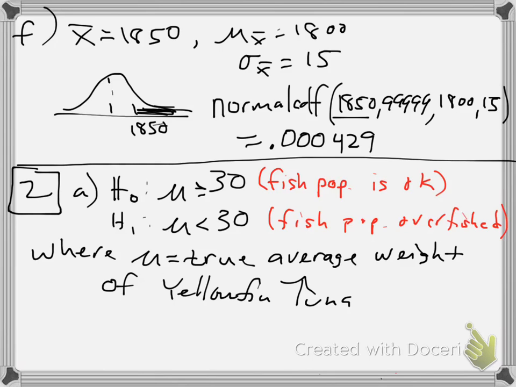So what would that mean in this case? So we reject the null hypothesis. That actually means we're going to come to the conclusion of the alternative hypothesis when the null hypothesis was true.